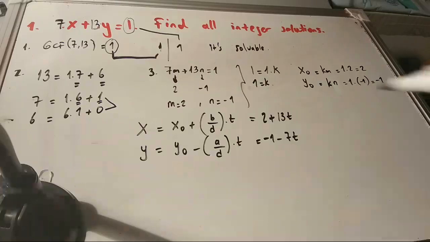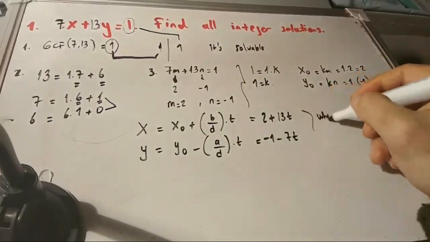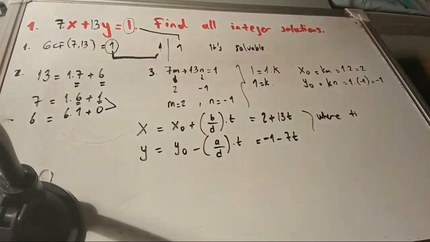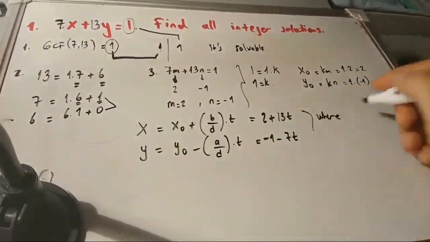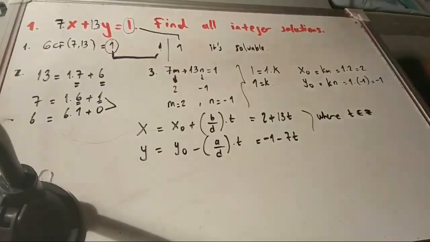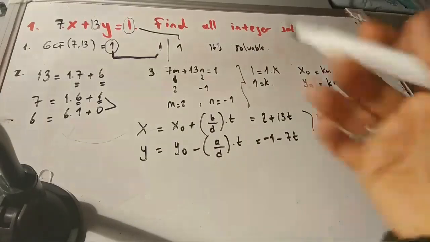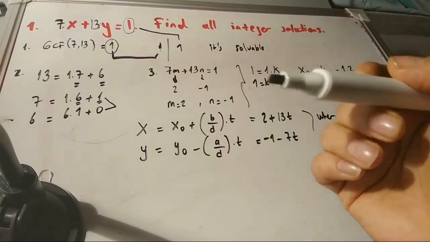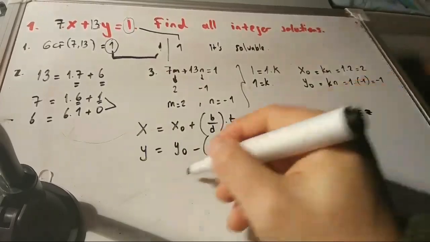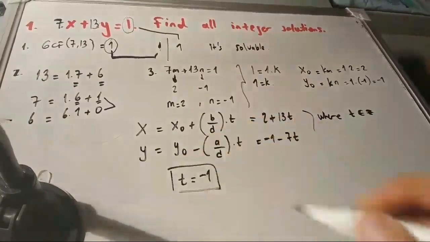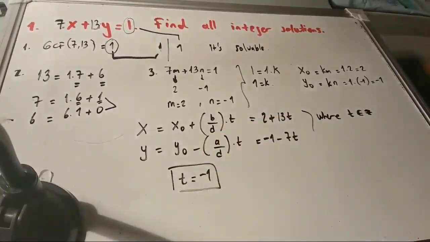So, of course, t is an integer, where t is an element of integers. And let me generate a specific solution, just to show you. Let t be negative 1. Let's check it for t is negative 1.